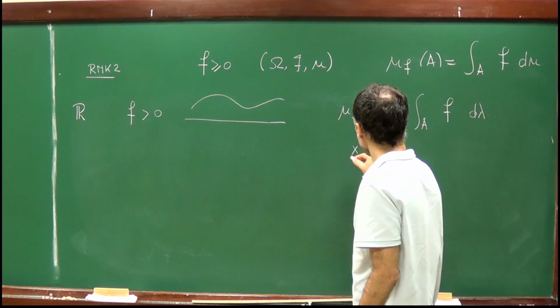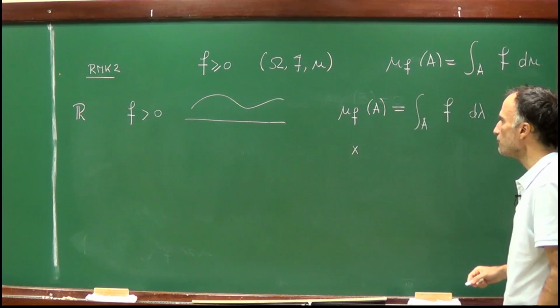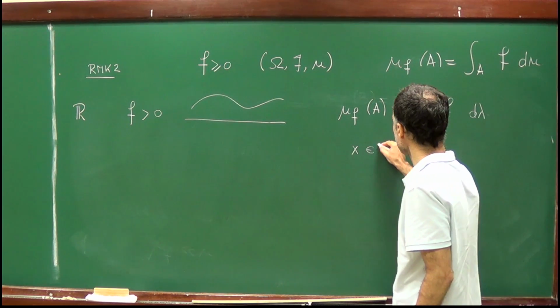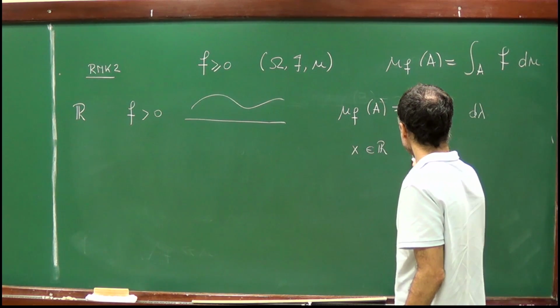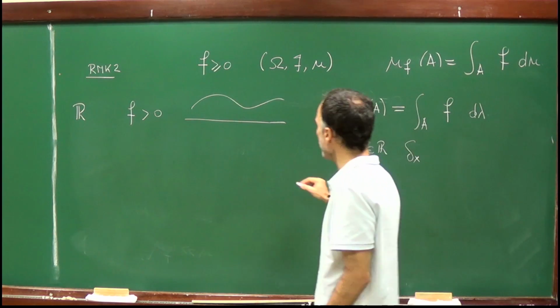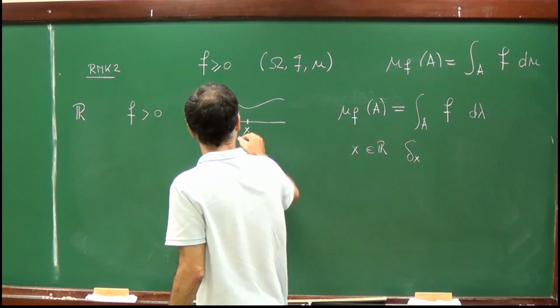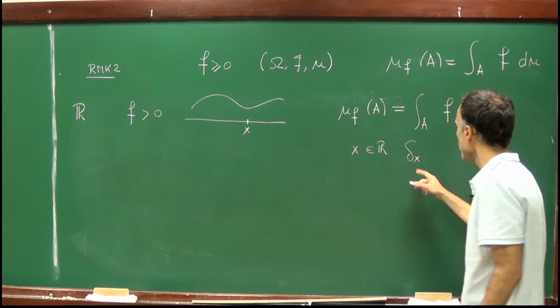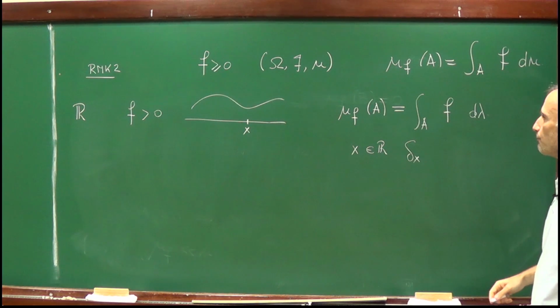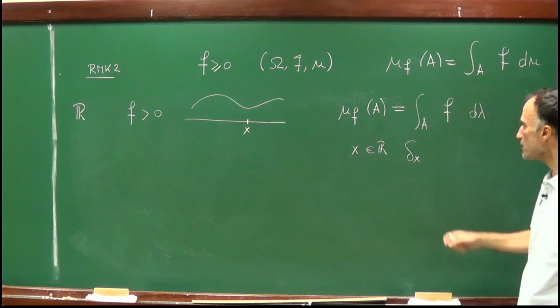And then another measure. Let me fix a point x in R, and let me represent by delta x, so here is a point x, what we will call the Dirac measure on x.